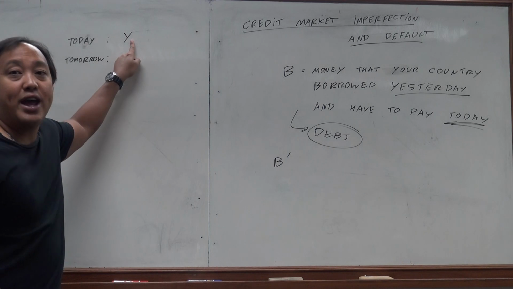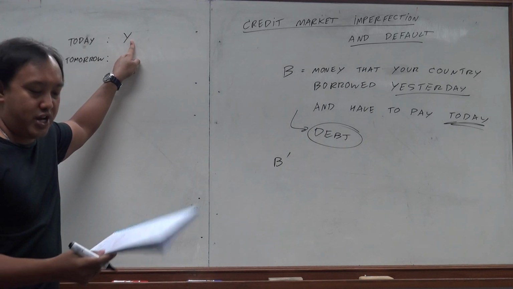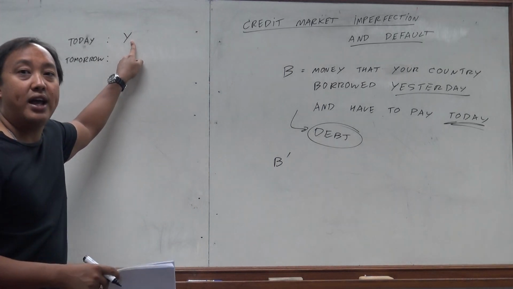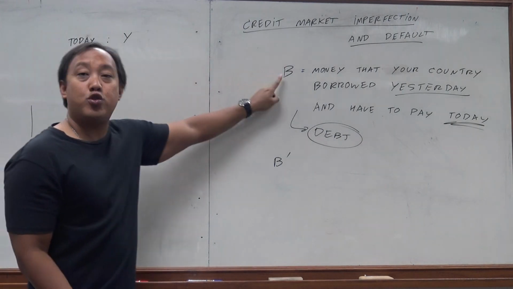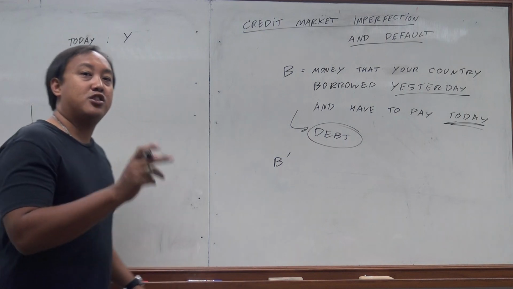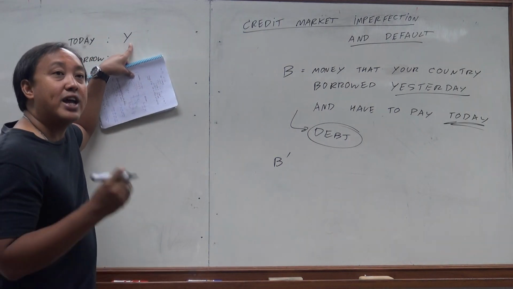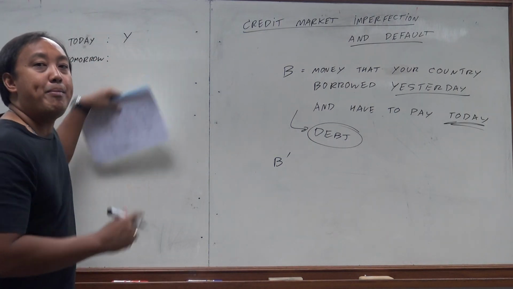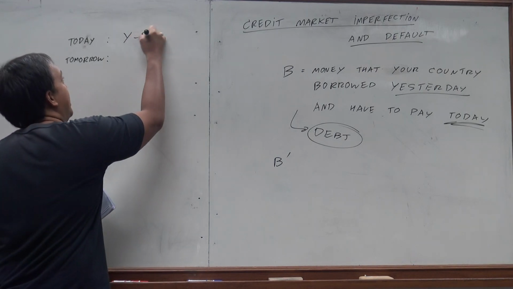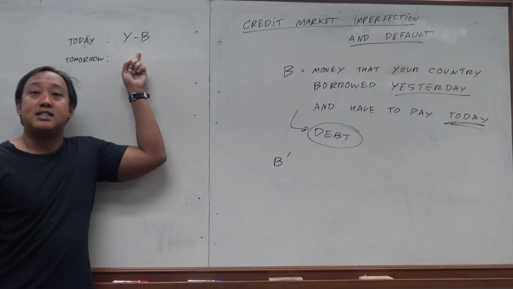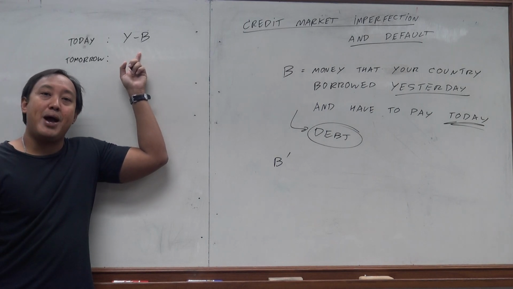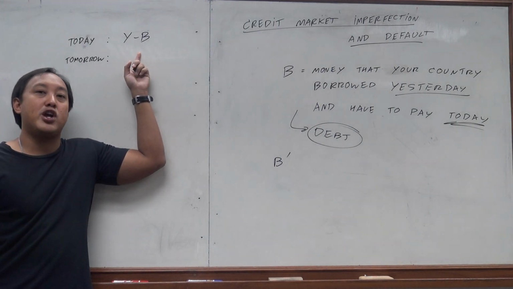This is GDP today, Y, your national income today. However, your country borrowed some money yesterday, and today you need to pay back your debt. So after you produce something and get a national income, you need to pay back your debt. This is minus B. Yesterday you borrowed some money, today you pay back your debt.